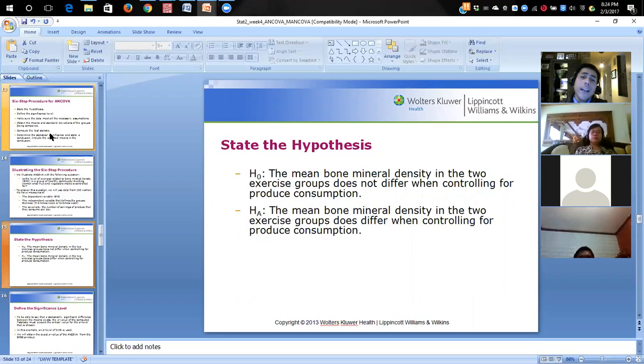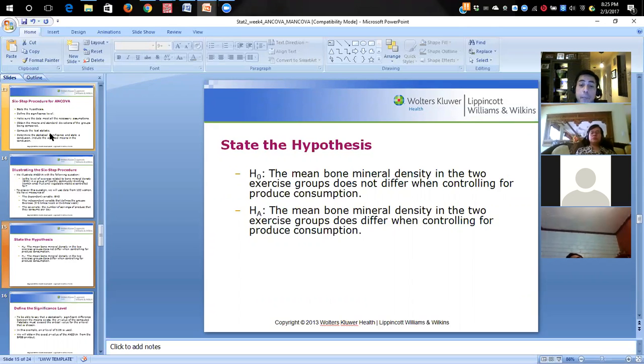So try to always exercise in your mind, if this is my null hypothesis and I reject this, I just remove the words no difference or does not differ. So my conclusion will be there is a difference in the mean bone mineral density in the 2 exercise groups when I control for their produce consumption.